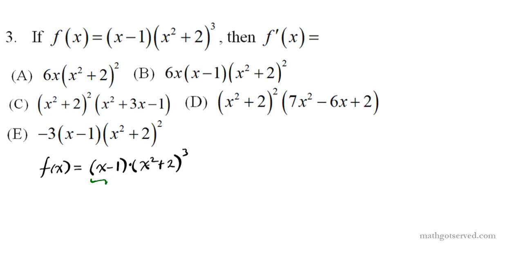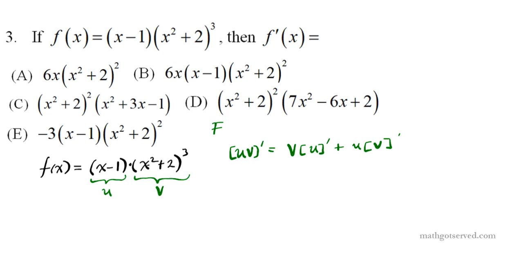Okay, so this first function is u, and this second function, in its entirety, the composite function, is v. And we remember that (uv)' is equal to v u' plus u v'. Okay, so this is the formula we're going to be applying here.